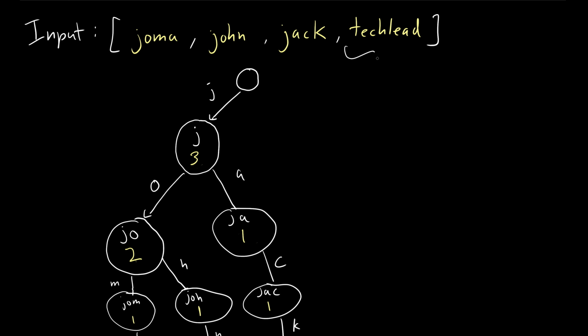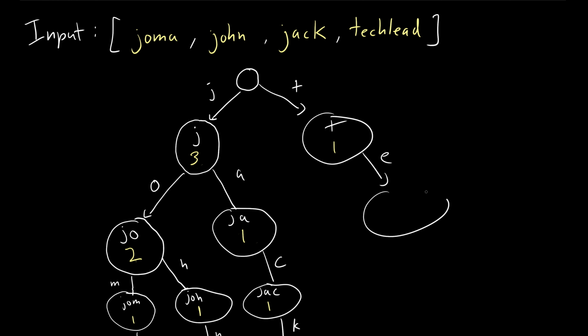And then finally, tech lead, the great tech lead. We're going to have T, so we're going to have T1. And then I think you kind of get what's going on, right? It's like tech, that's going to have 1. And then at the end, we're going to get tech lead, and they're all 1s.